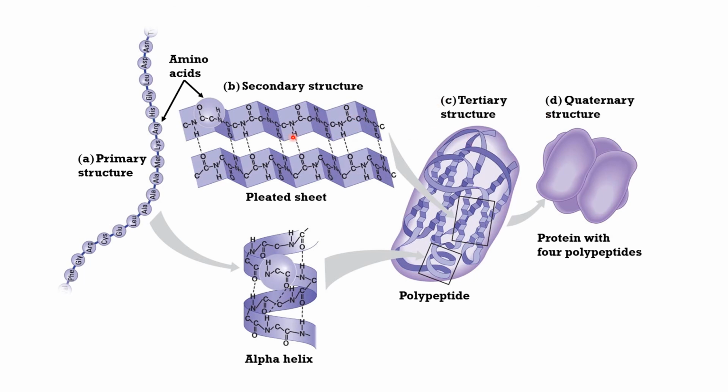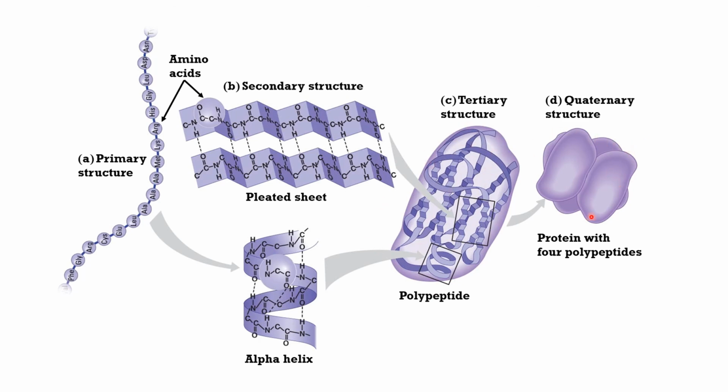Those then are going to fold even more, and you can have both beta pleated sheets and alpha helixes all put together. And so there's more folding and more interactions between usually the side groups at this point. So those R groups that we talked about that are unique, those then are going to start to interact with each other. Now, you may stop here, it's possible, but there are many proteins that are actually going to consist of multiple polypeptide chains that have been folded. So you can imagine that potentially there could be 4 of these tertiary structures.